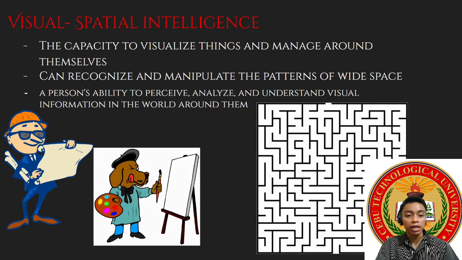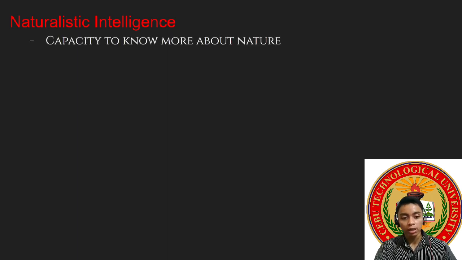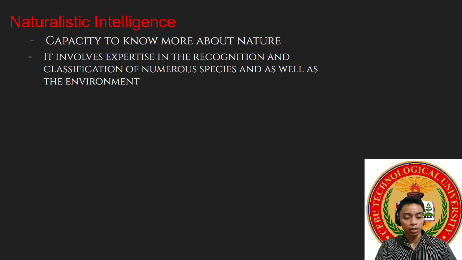People that have the ability to identify and distinguish among different types of plants, animals, and weather formations in the natural setting, such as scientists, have naturalistic intelligence. They can distinguish different kinds of plants and also the weather.